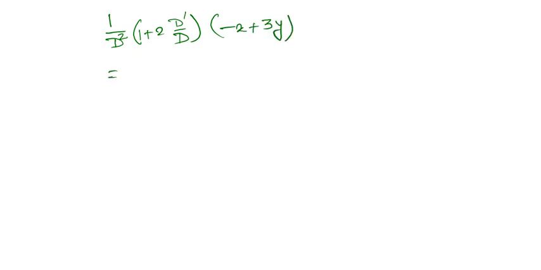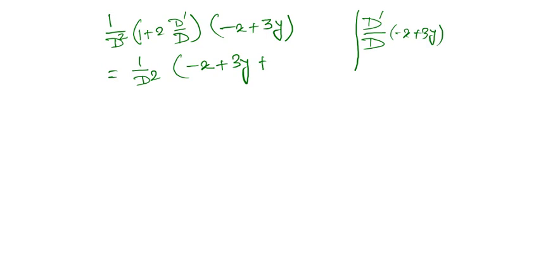Let me continue with this. 1 by D square, minus x plus 3y will appear here, and again I need to find D dash by D of minus x plus 3y.